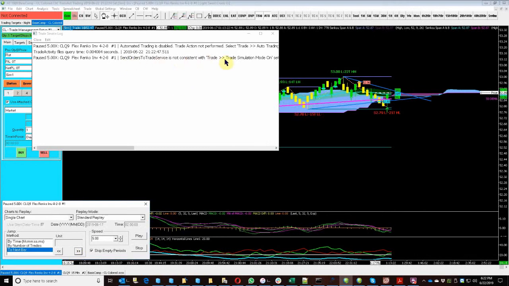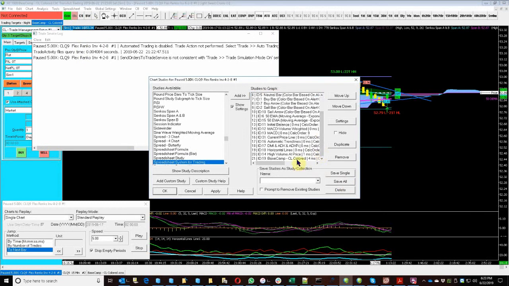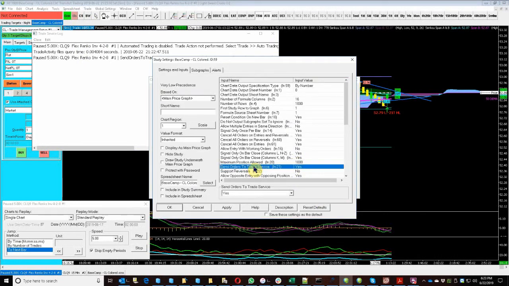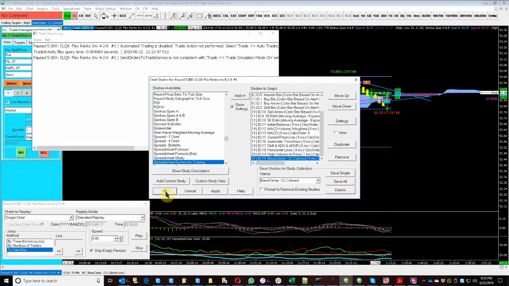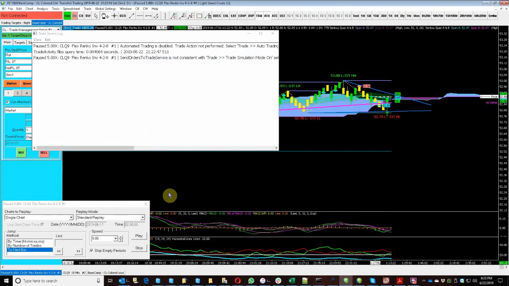Send orders to trade service is not consistent with trade simulation mode on setting. So that's pretty clear about what's going on. So send orders to trade service was turned on, and trade simulation mode wasn't, or vice versa. So anyway, those are pretty much the two nasties that you're going to run up against.